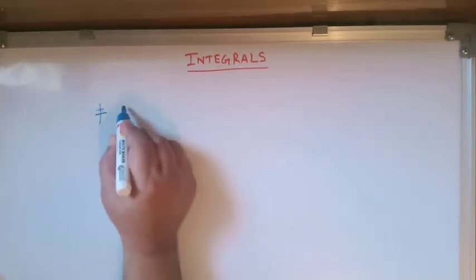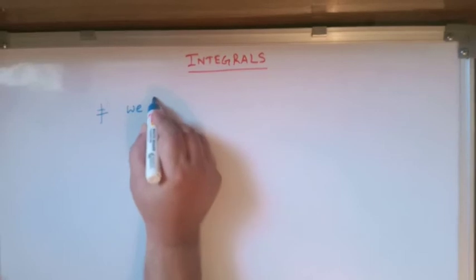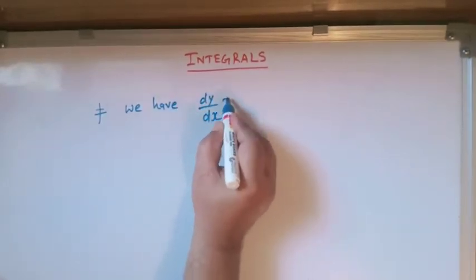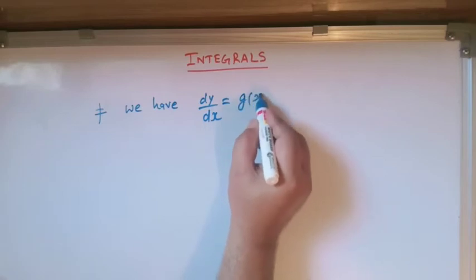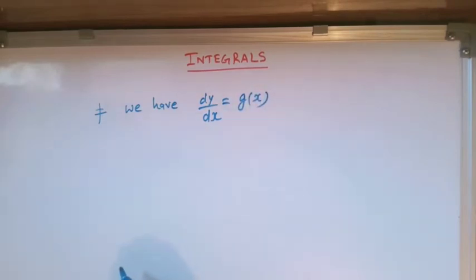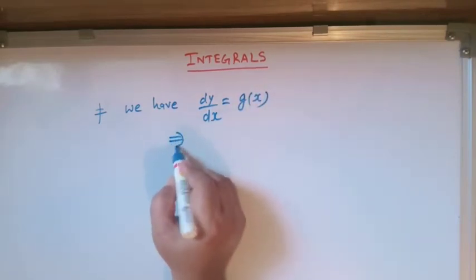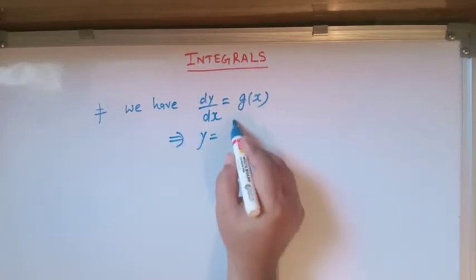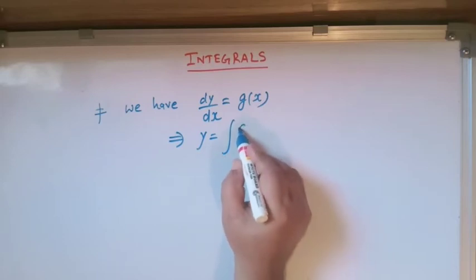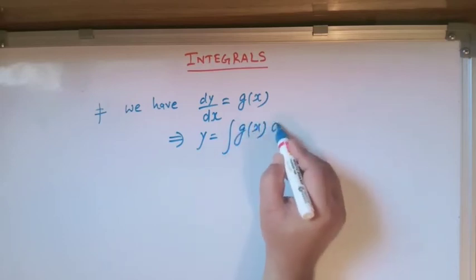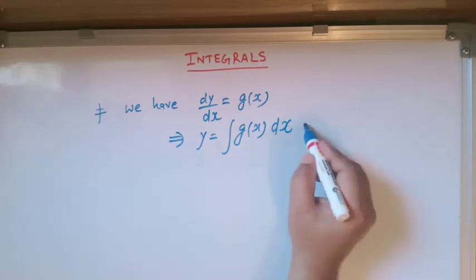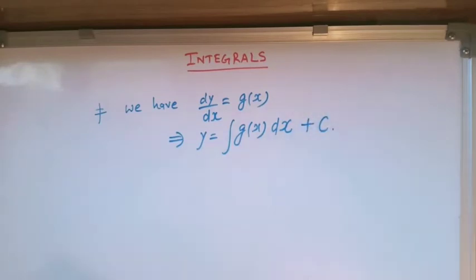Viewers, suppose we have dy over dx equal to, say, some function g of x, then this expression can be written as y is equal to the indefinite integral of g of x with respect to x plus c. Clear?